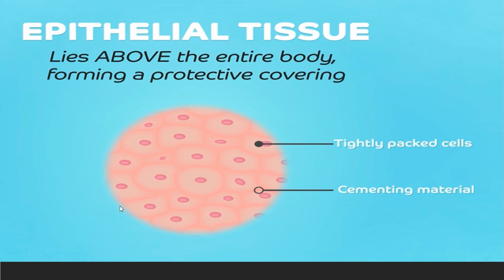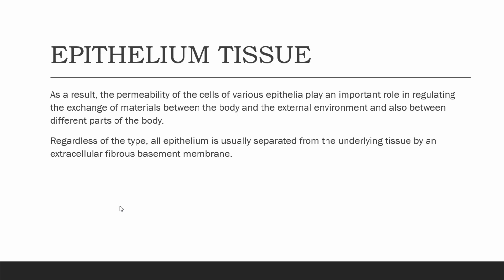The tissue lacks intercellular spaces and also has an extremely small amount of cementing material. So every single substance that passes in or out of cells needs to cross the epithelial layer at least once. Accordingly, the permeability of cells will differ in various epithelia depending upon the exchange of materials.